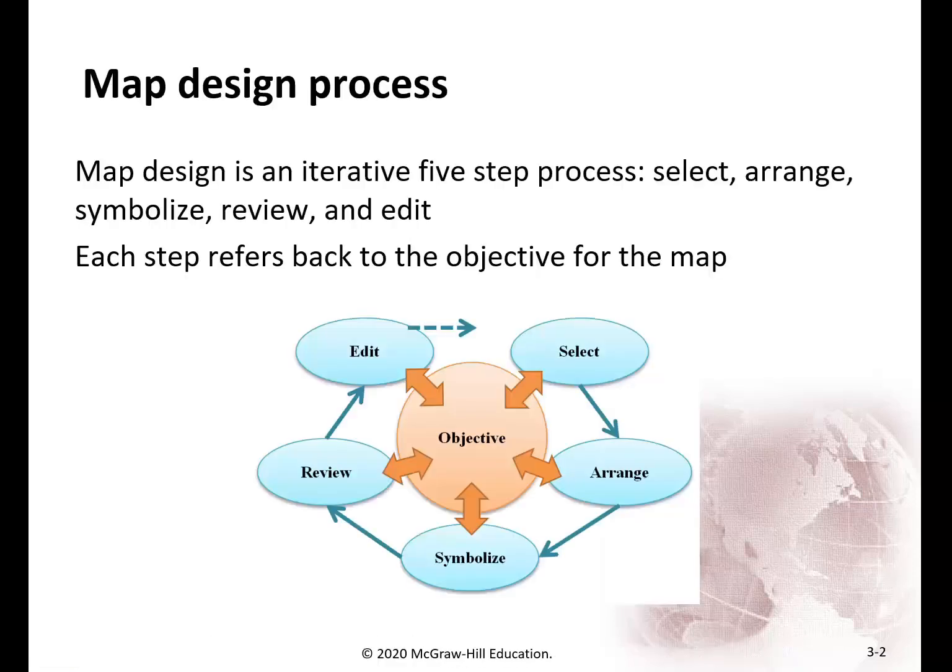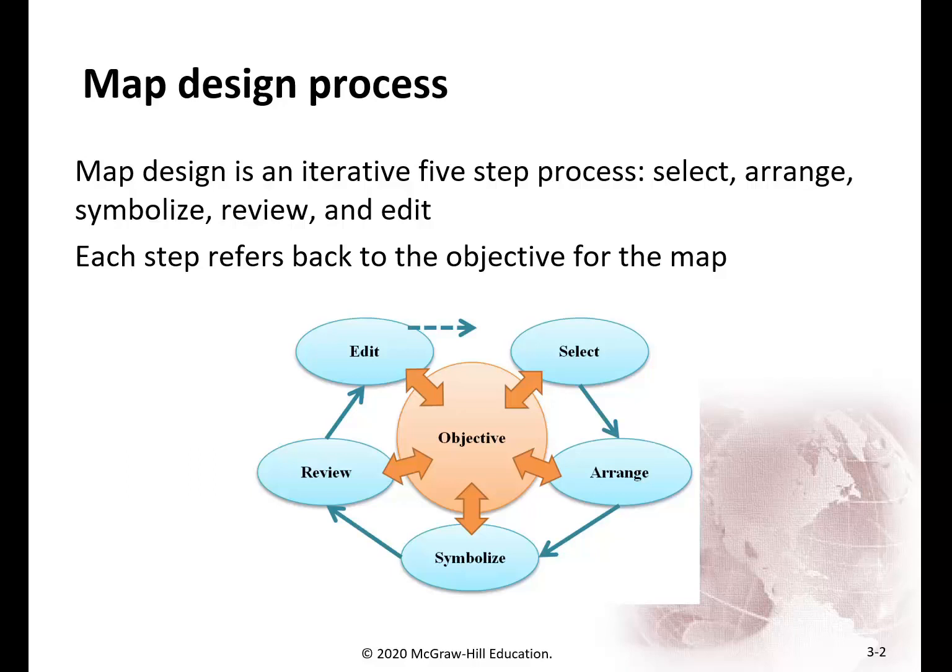Starting with the map design process, map design is an interactive 5-step process, which includes selecting, arranging, symbolizing, reviewing, and editing your data. And this is not a linear process, so each step refers back to the objective for the map.